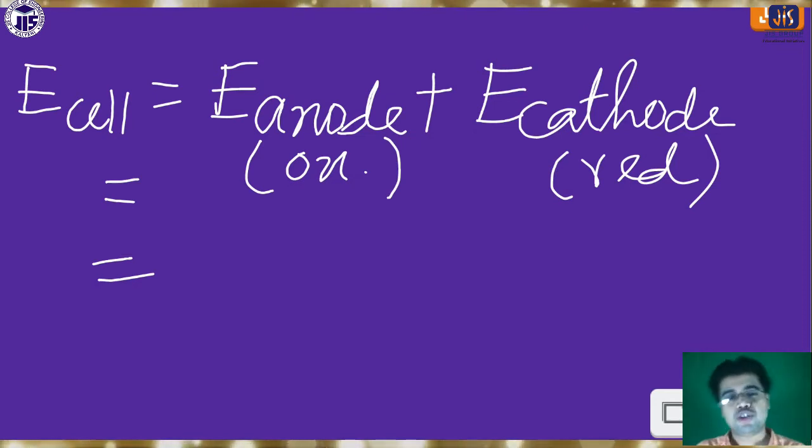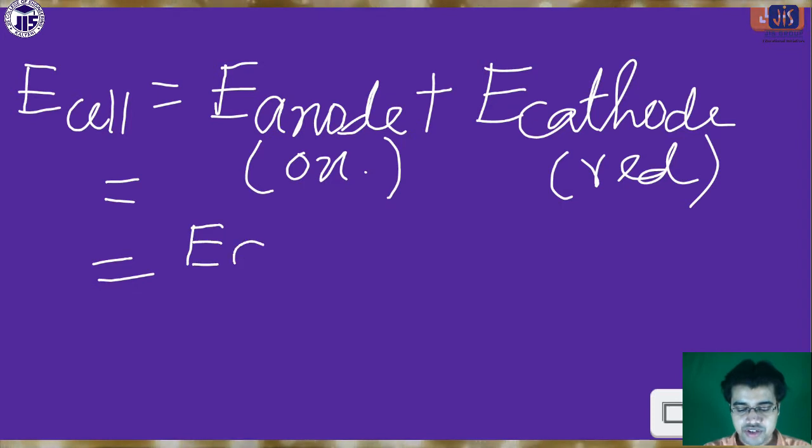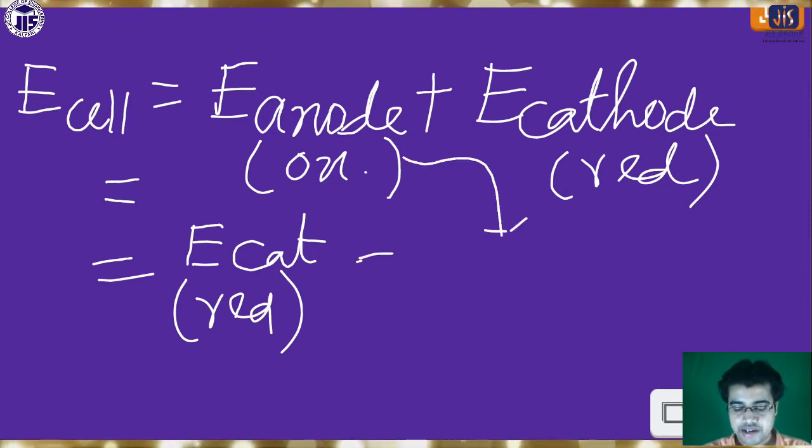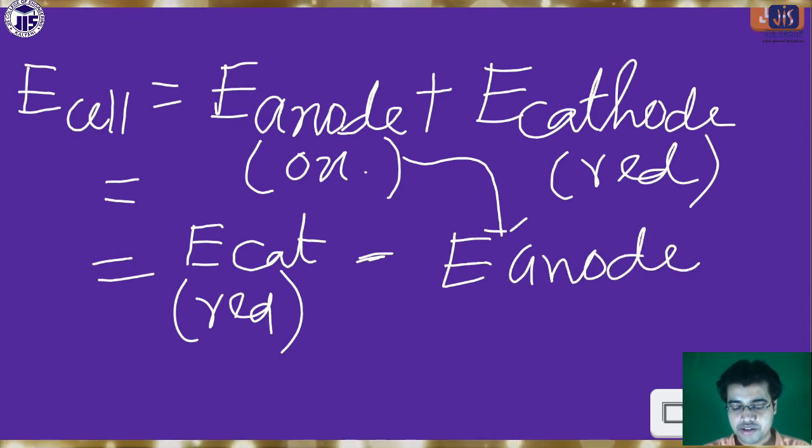Each and every metal has two values. Depending on the situation, depending on the potential of the other electrode, it is decided whether oxidation occurs here or reduction occurs there. So if I express both the anode and cathode in terms of reduction potential, we can write first E cathode, the reduction potential, and then minus E anode, because I am taking E anode as a reduction potential.